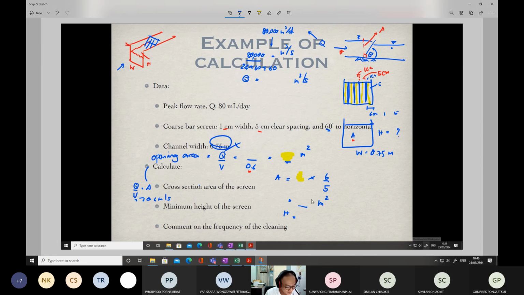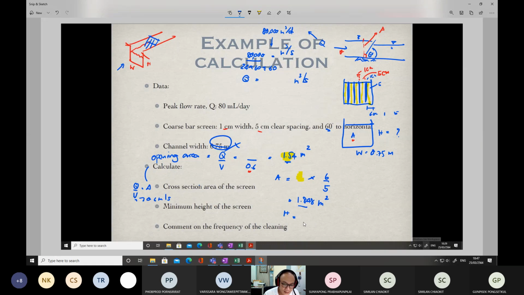I will just look at the solution. So for the net area of the screen's opening, you are supposed to get 1.54. And this area you are supposed to get 1.848 square meters.